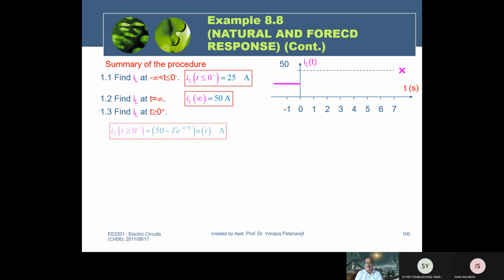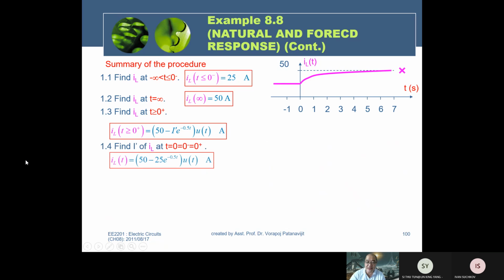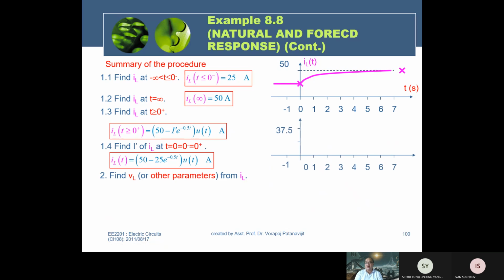IL for time greater than 0 will increase from 25 to 50 as 50 minus 25 e to the power minus 0.5 t. You can compute the constant from the initial value by setting the 1.3 equal to 1.1.